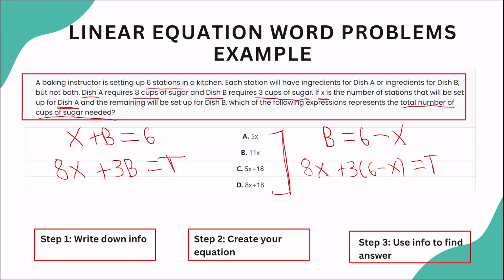And this is going to equal our total still. So let's simplify a little bit. And lastly, we do one cleanup step to get 5x plus 18 is going to equal our total number of cups of sugar. And that's what we're looking for. So this tells me choice C is our answer.